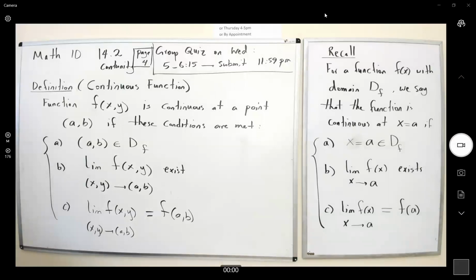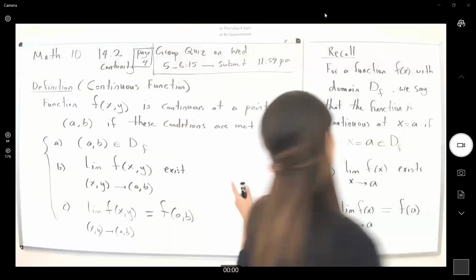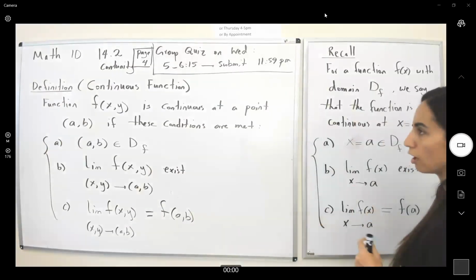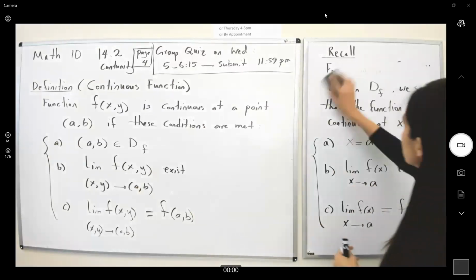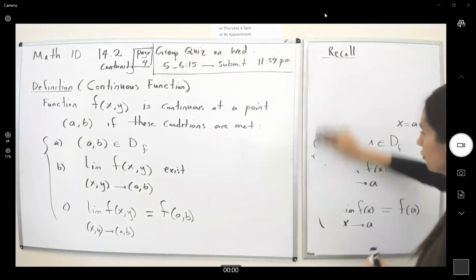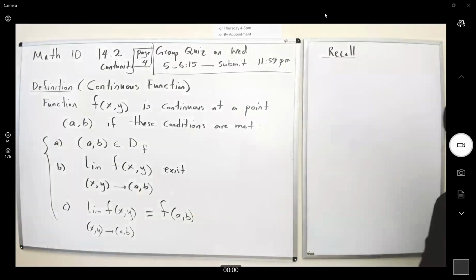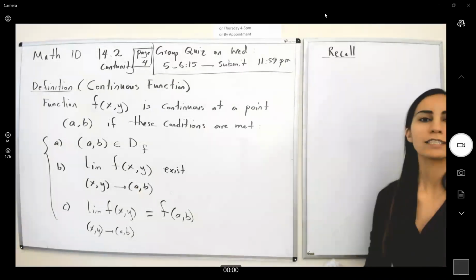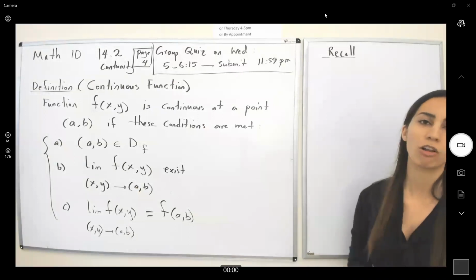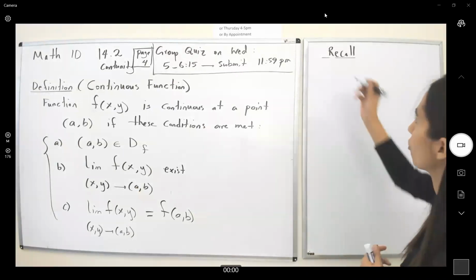Well, let's go over some examples. Before going over an example in two variables, I'm going to go over one example with a one variable function for you. First of all, if you have nice functions, those functions are always continuous. We mentioned that before.